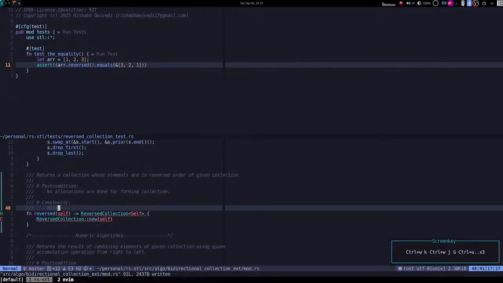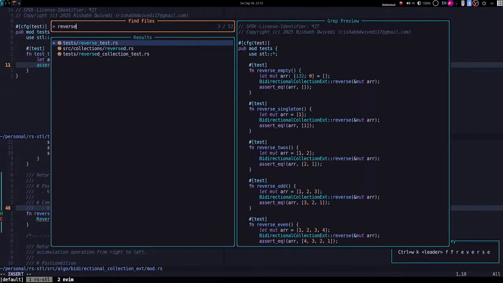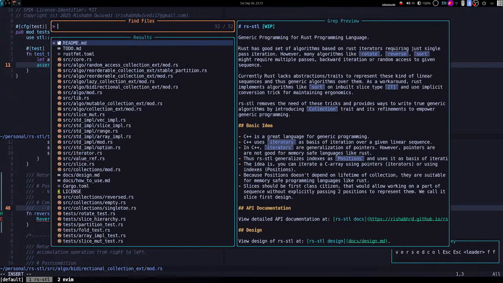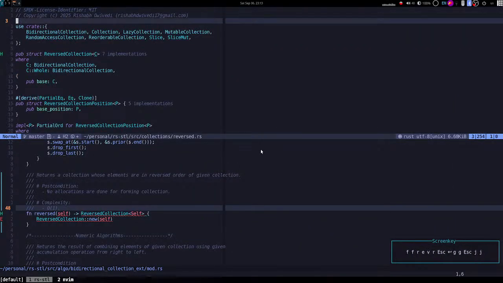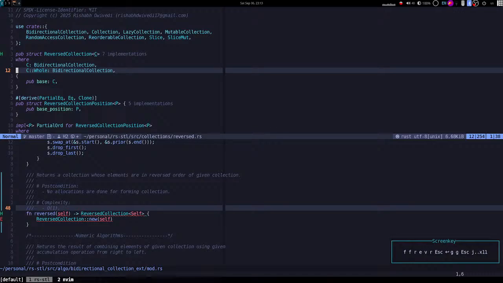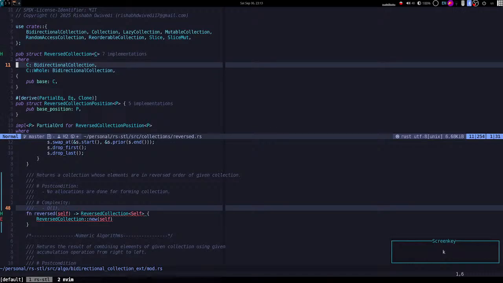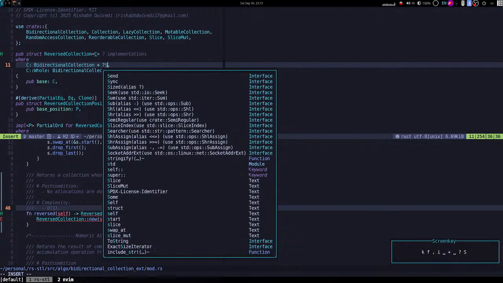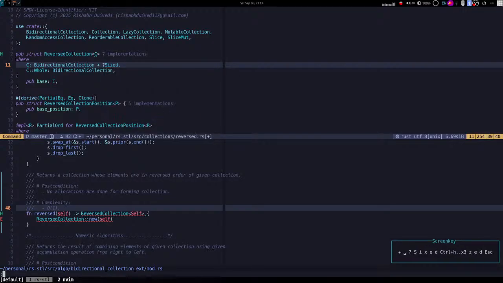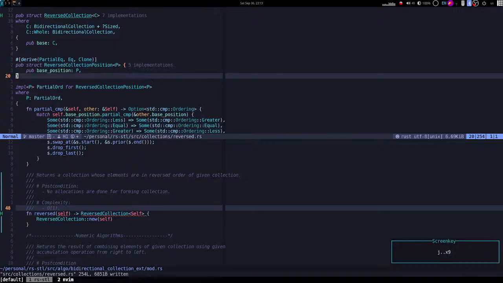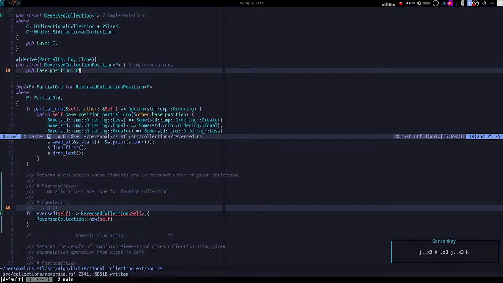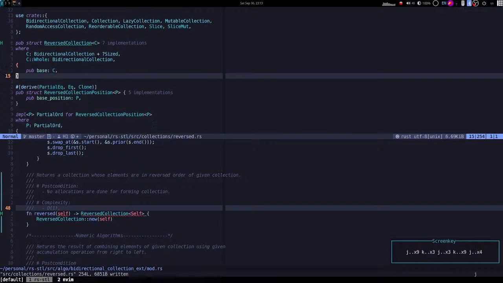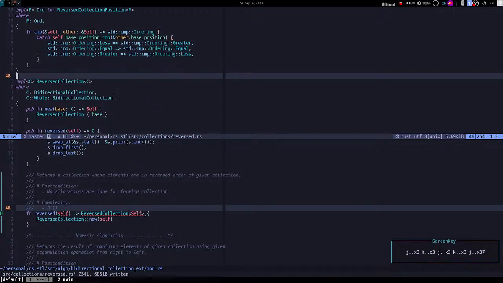I think we need to do reversed.rs, and here I think if C is not sized, that's fine for us at least, right?